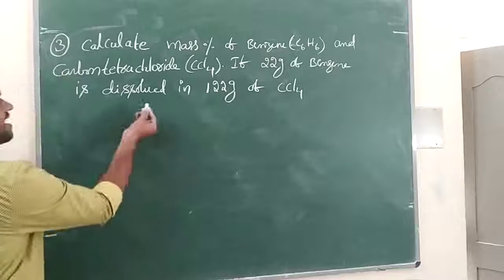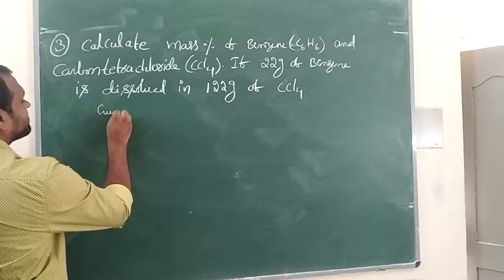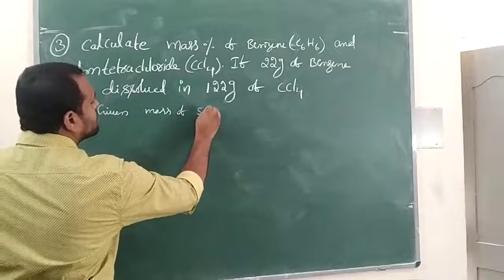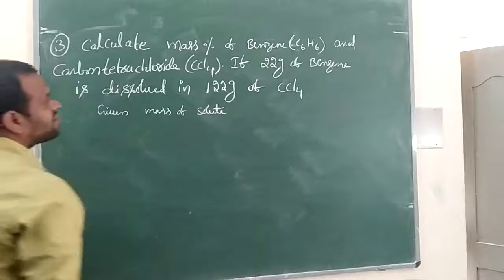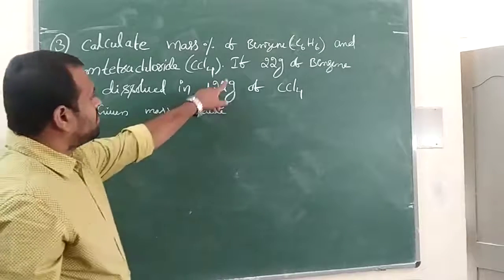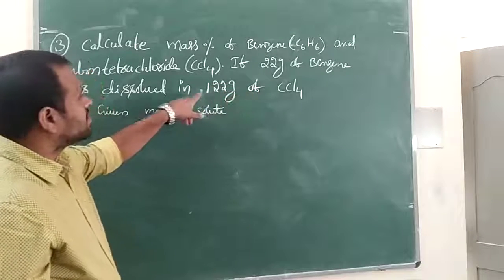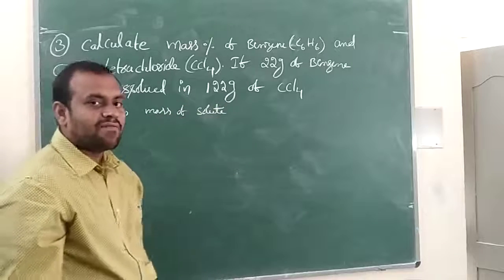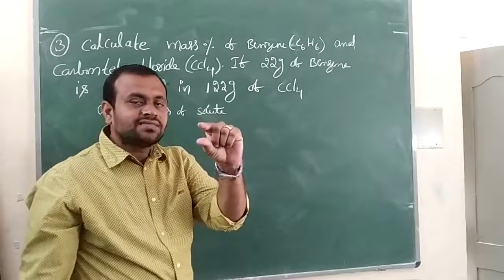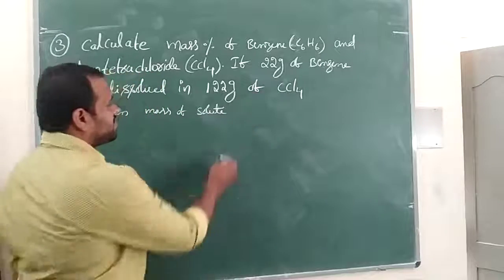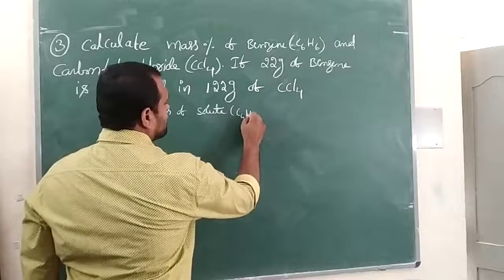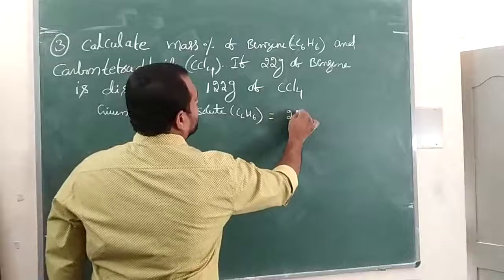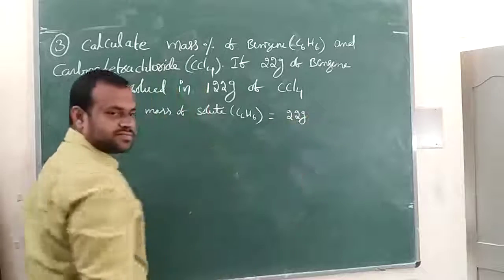First of all, see what they have given. Given mass of solute: what is the solute here? Benzene is 22 grams and carbon tetrachloride is 122 grams. Obviously, the one in lesser quantity is the solute. Therefore, benzene, C6H6, is the solute, 22 grams.